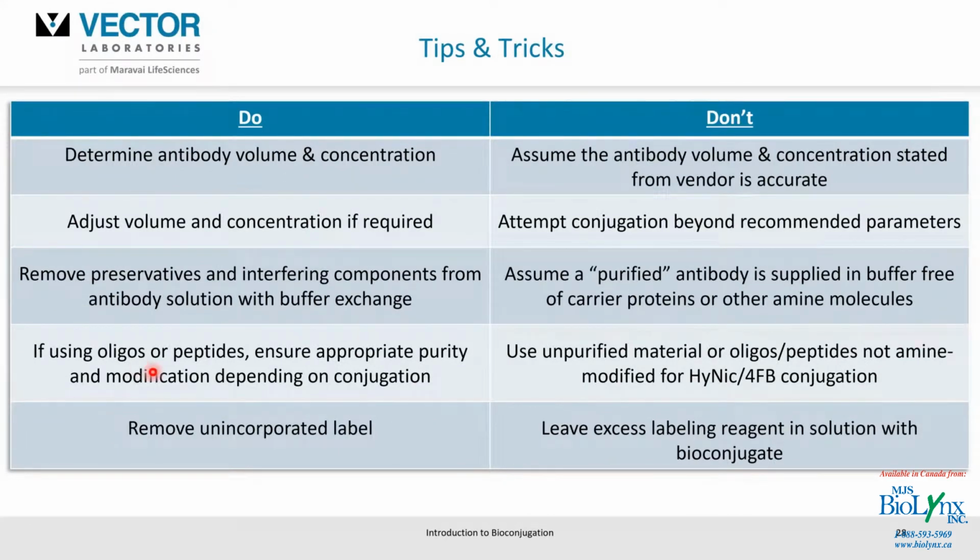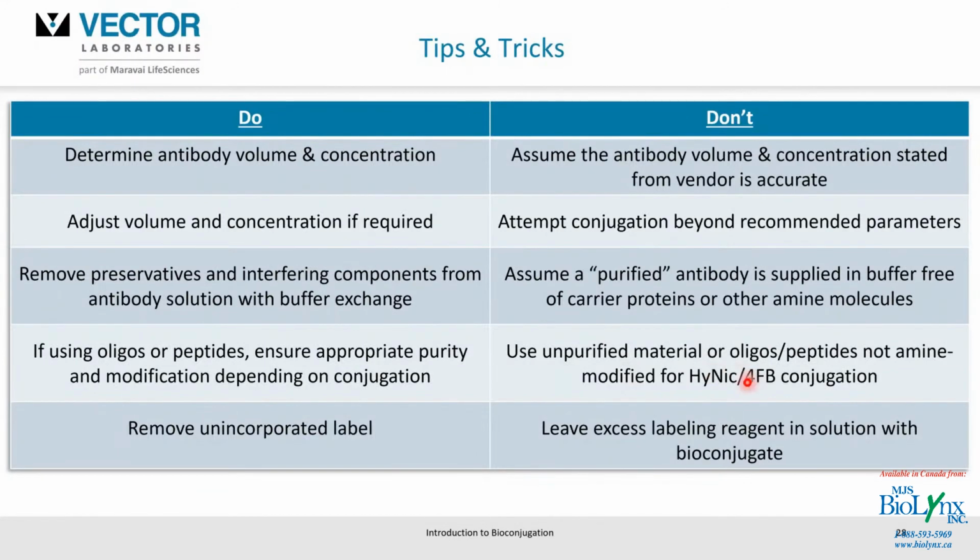Certainly, if you are using oligonucleotides or peptides, ensure the appropriate purity, that they've been run through HPLC, for example, and modified. So, for example, don't use, I would call it dirty material, something from a serum bleed or something like that.